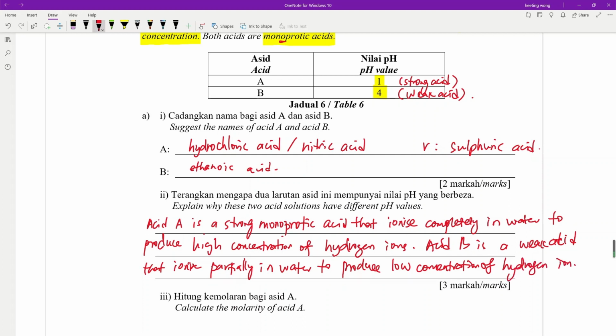So the higher the concentration of hydrogen ions, the lower the pH value. So 0.1, then 0.2, then 0.3.